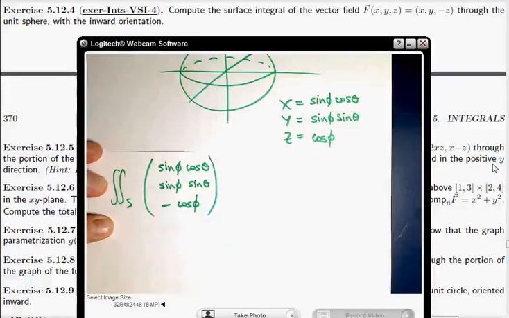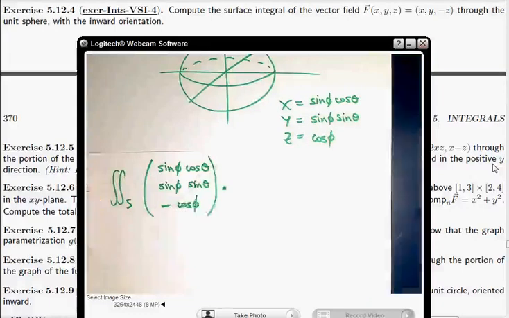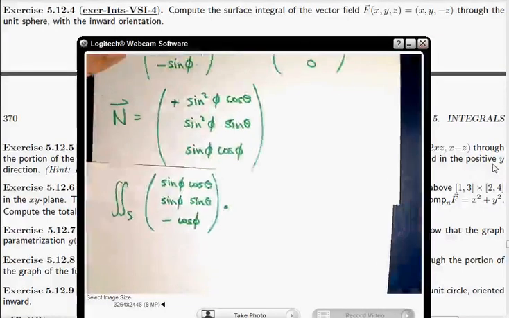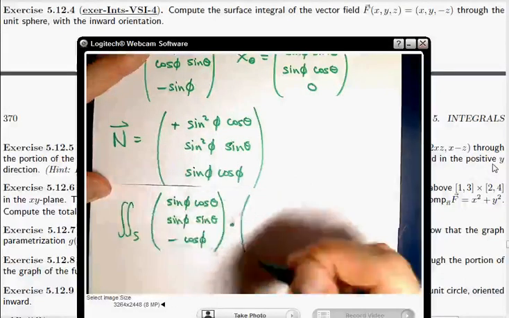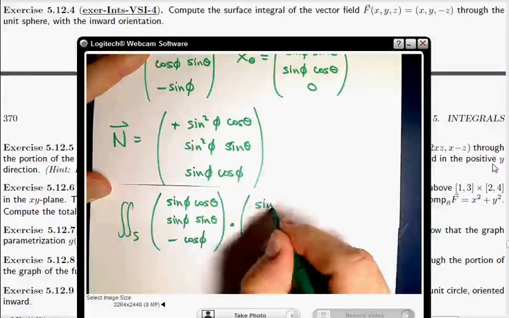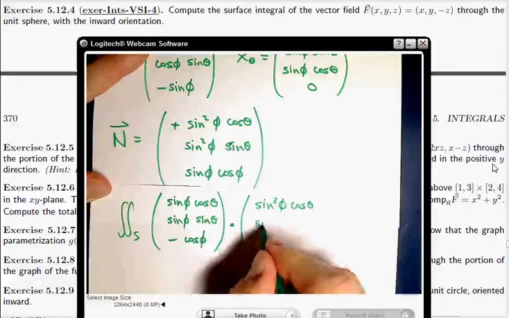So there's F in terms of our parameterization, dot N, it's this guy here, sine squared. There's a lot of recopying in this stuff sometimes.